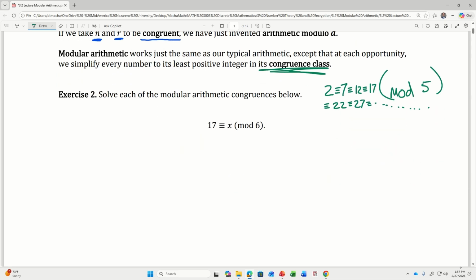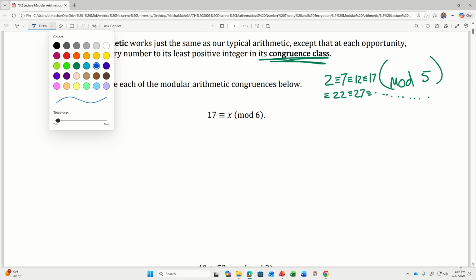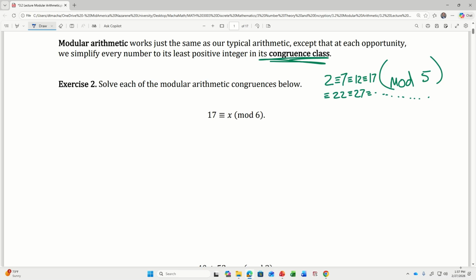So if I had 17 modulo 6, or 17 mod 6, what is the least positive integer congruent to 17 mod 6?